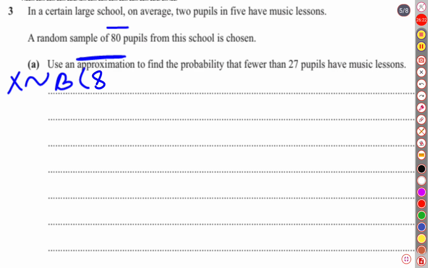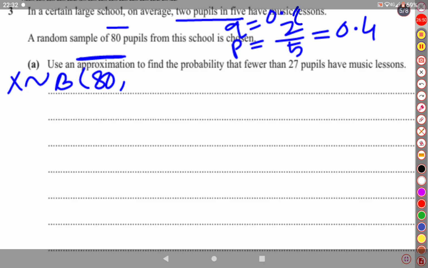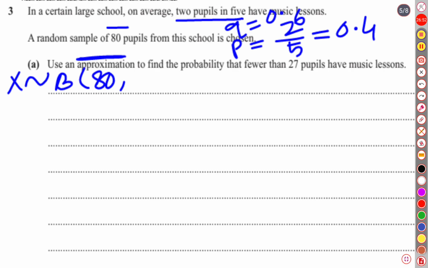n is 80 and probability is what? 2 pupils in 5, so 2 over 5, which means how much? 0.4. Okay, then p is equal to 0.4, and q is going to be 0.6.